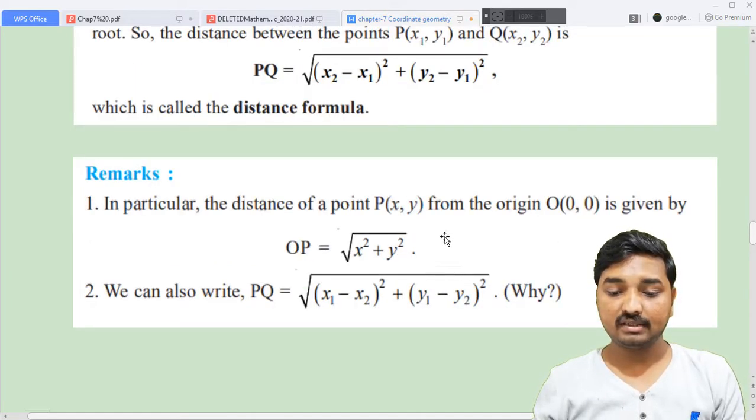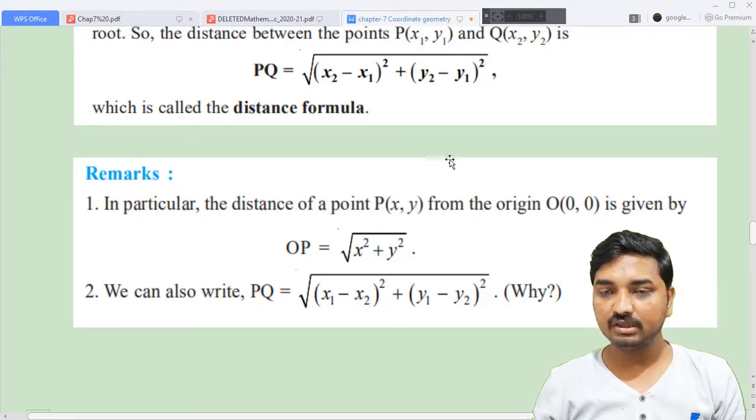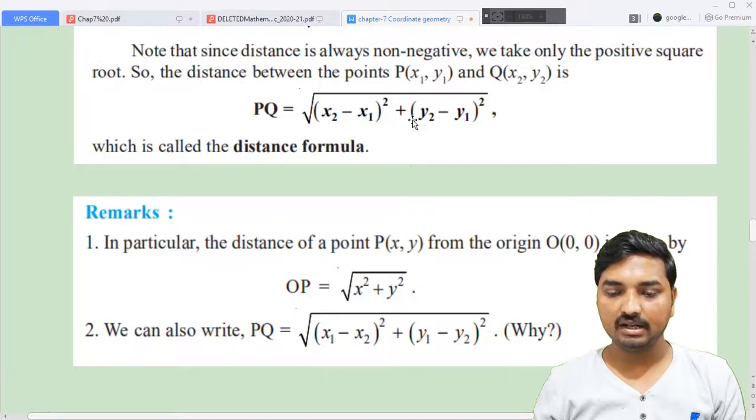Let us treat this one as x1, y1 and this one as x2 comma y2. Then x2 is 0, y2 is 0, and x1 means x, y1 means y. If you substitute this in the formula, let us see what will happen.